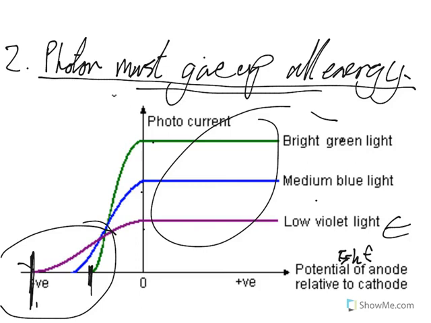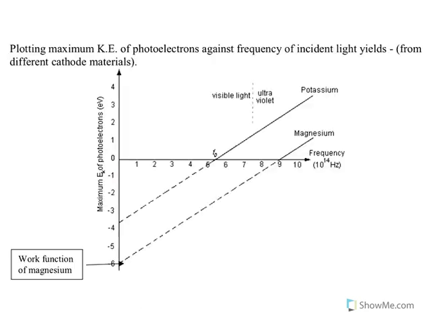Alright, so this stuff's a bit freaky. The next bit is if we plot a graph with the maximum kinetic energy of the photoelectrons, in electron volts, against frequency and different cathode materials. This is just a bit of an idea.